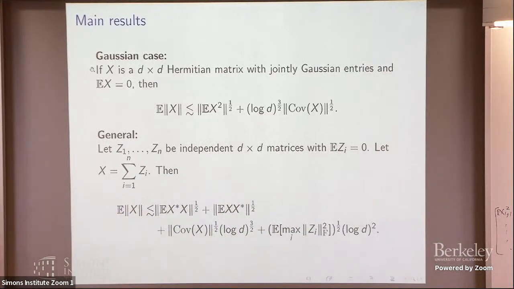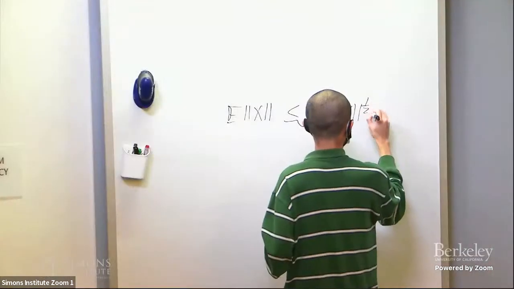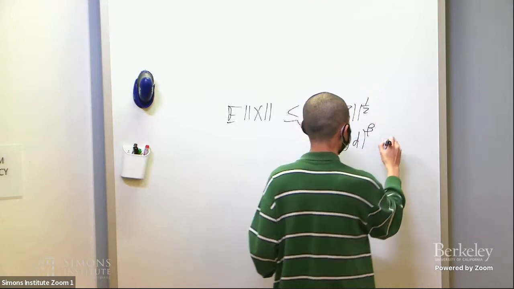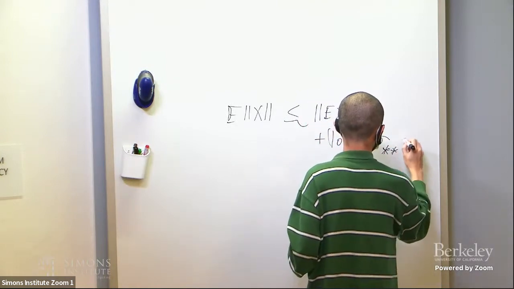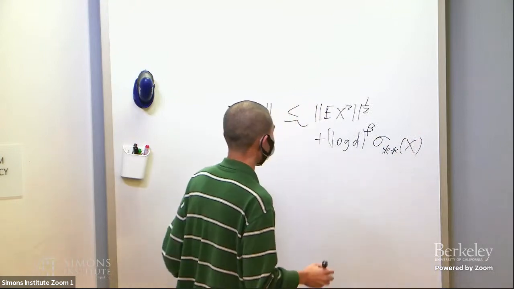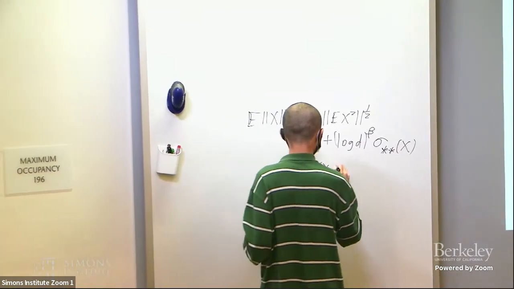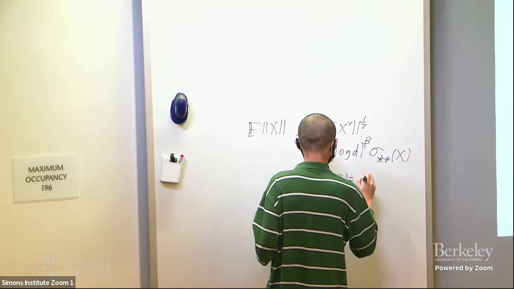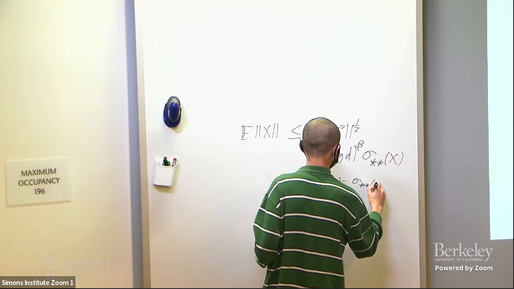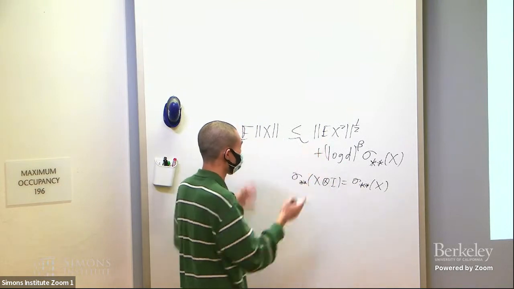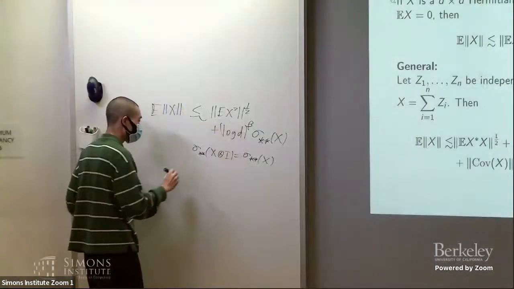Okay, if we try to prove something like this, D to the power beta, and then let's say you want something like sigma star x. Well, obviously a good way to measure non-commutativity, we would want this to be equal to this, right? Because especially for the norm, if you tensor up the x, it should be the same.